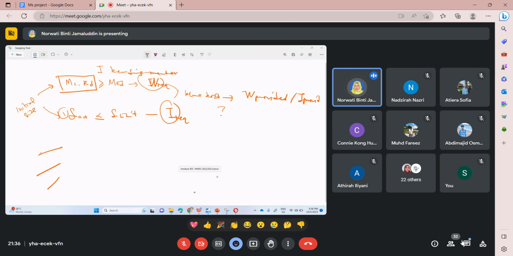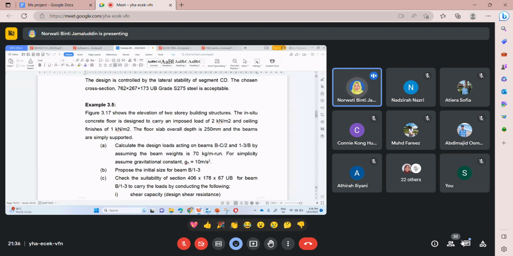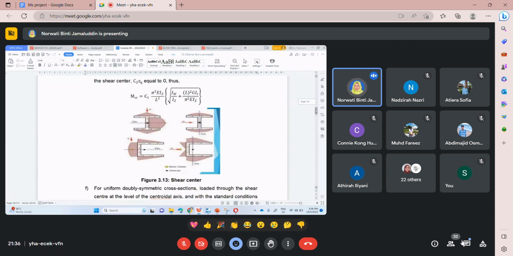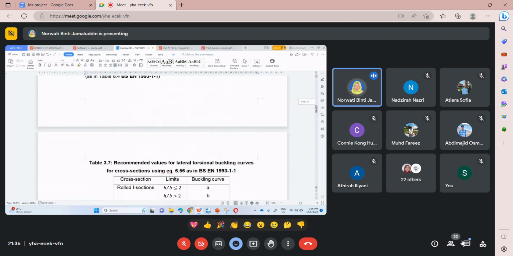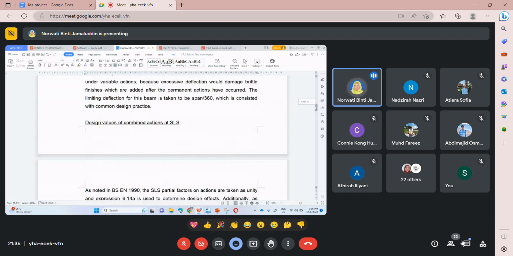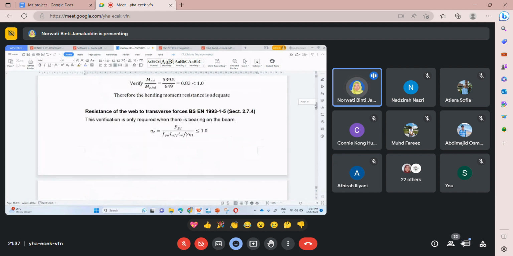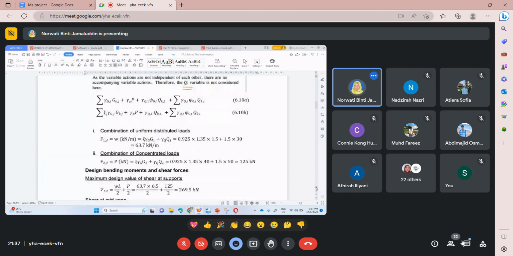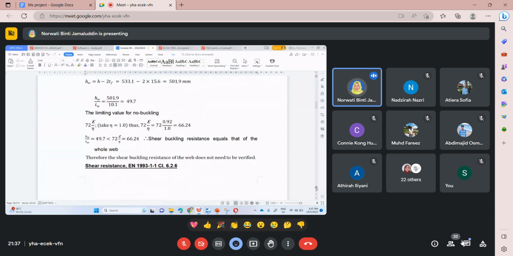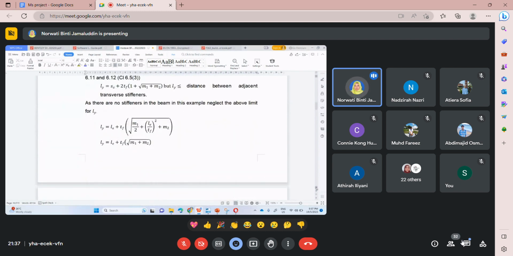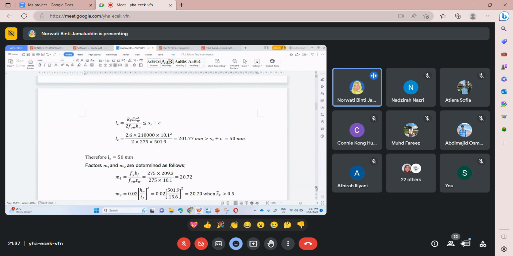I need to teach you one more checking, which is also having a lengthy procedure, called web buckling and web bearing. We call it web resistance. Last time we called it web buckling, web bearing, and flange buckling.